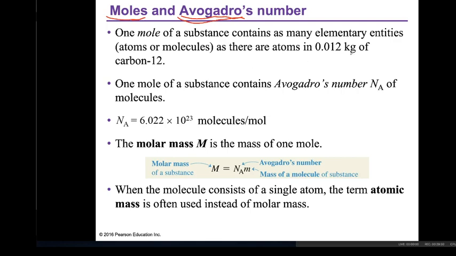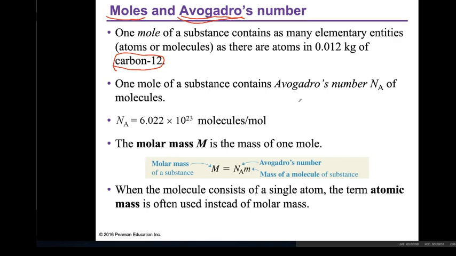This is how people first defined Avogadro's number: people first got 12 grams of carbon-12, this element, and this 12 grams of carbon-12 contains a certain number of carbon atoms.